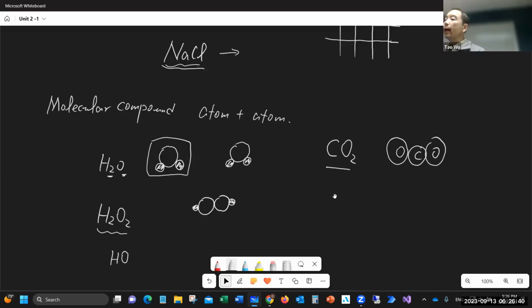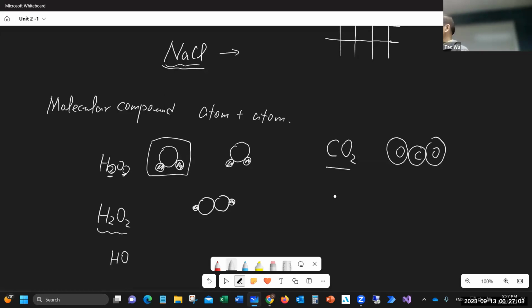So the subscript for each atom in the molecule means something. That is why molecular compound naming is quite different from ionic compound naming, because we need to specify how many atoms are in there.